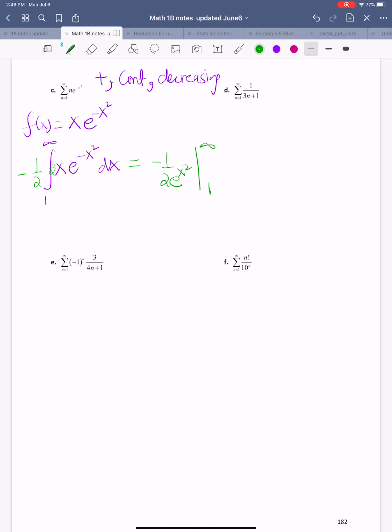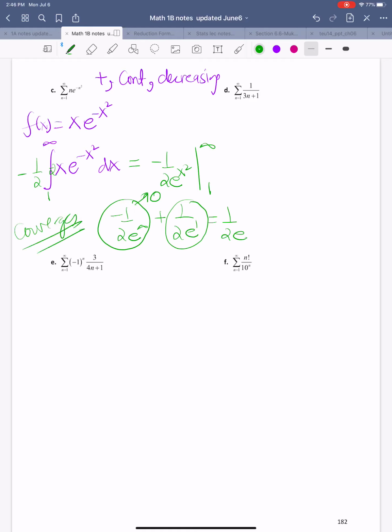If I plug infinity in there, that term goes to 0, and what we are left with is 1/2 e to the power negative 1, that would be 1 over 2e. So this integral turns out to be 1 over 2e, so we will say this series converges. Again, we cannot say it converges to 1 over 2e, but we can say that it converges.